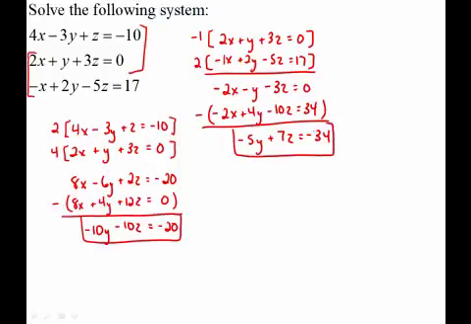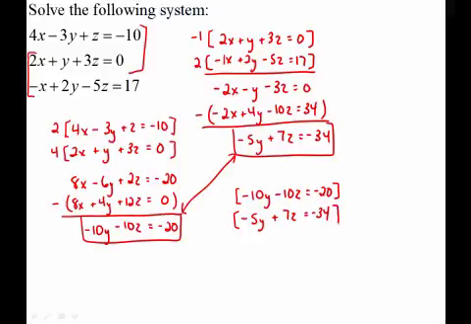Now we have 2 equations, and so we can take these 2 equations and create another system that we can solve. So negative 10y minus 10z equals negative 20, and negative 5y plus 7z equals negative 34. And again, flip-flop the coefficient on y this time.